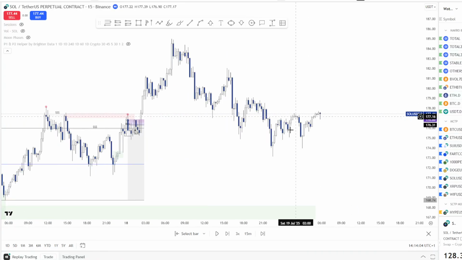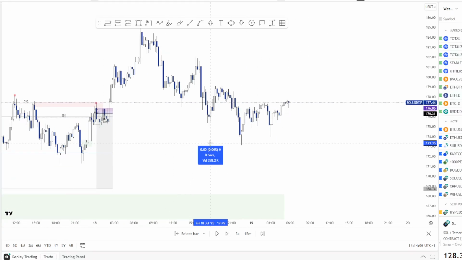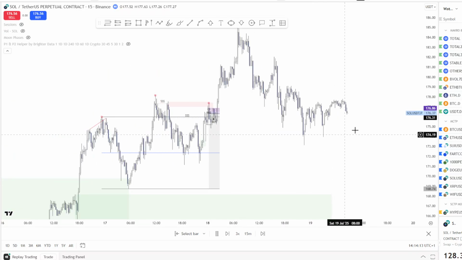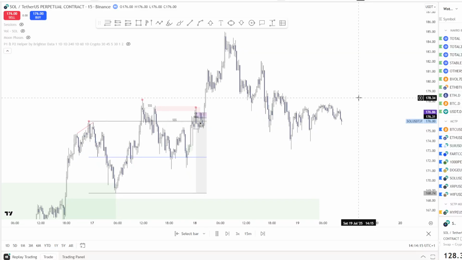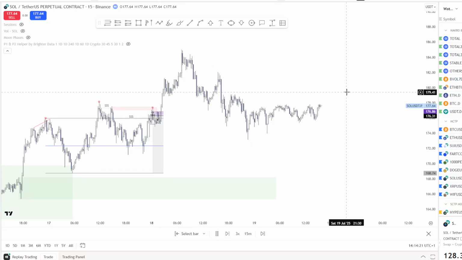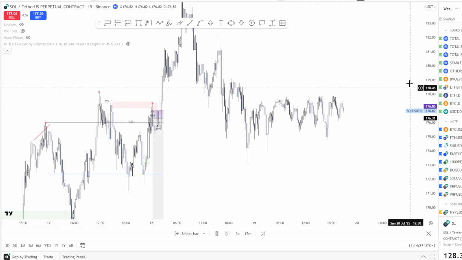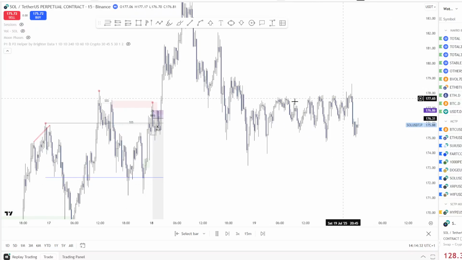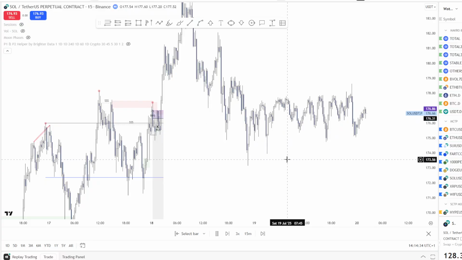So there is some sort of accumulation, but it's only 9 hours. So yeah, very tight price action here.